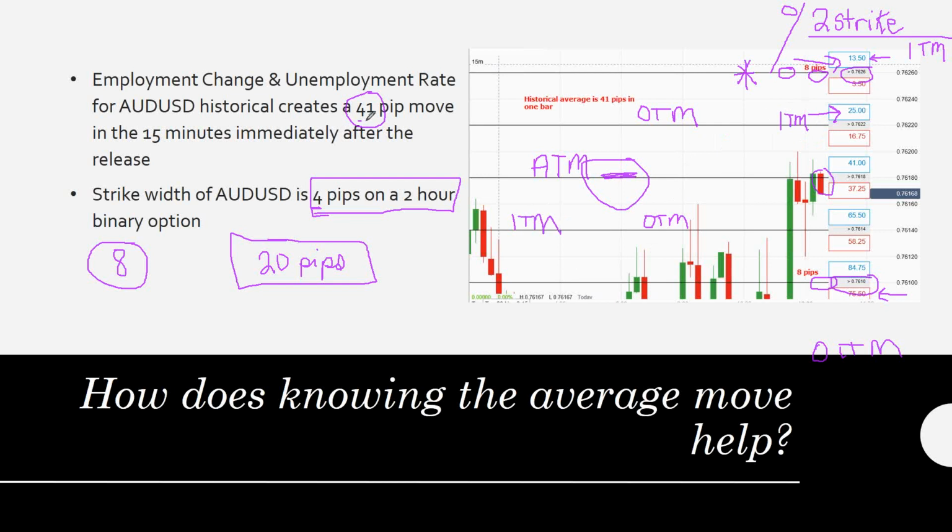Now, you could look at this 41 pip move and say, wow, I could go out 10 strikes. You're probably going to pay maybe $5 for that, okay? Instead, I say, okay, I'm expecting at least a 20 pip move, okay? But for me to achieve my profit target, I need this to move 2 strikes in the money, okay?